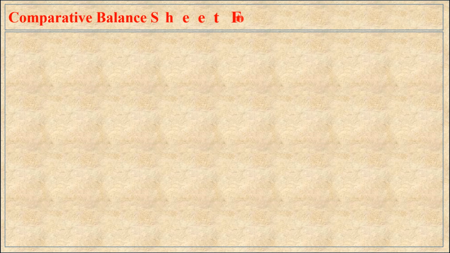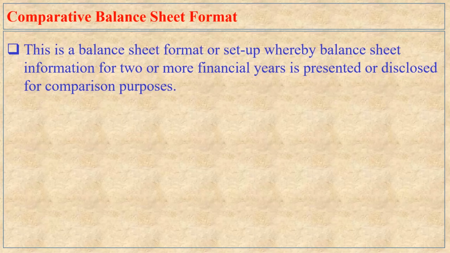Then the next category under that focus is a comparative balance sheet format. This is a balance sheet format or setup whereby balance sheet information for 2 or more financial years is presented or disclosed for comparison purposes.